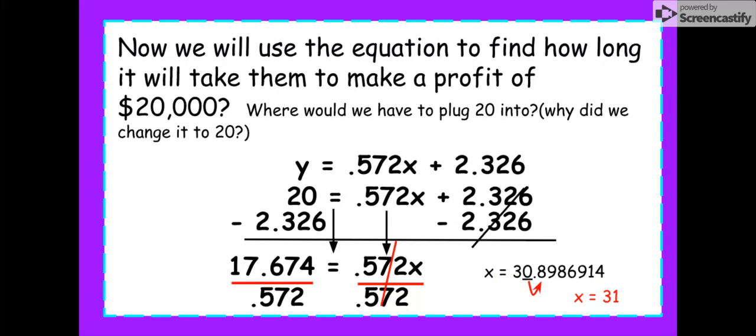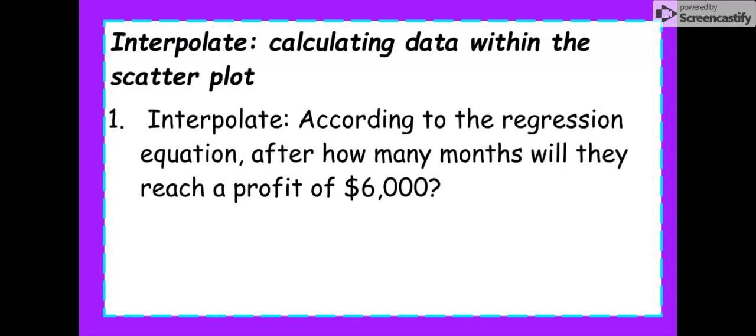Now I'm going to have you try the next one, guided. The next one says "Your turn." We want to figure out, using the linear regression equation, after how many months they will reach a profit of $6,000. According to the scatter plot, we know they reach $6,000 at 8 months, but we're going to use the equation to figure this out now.